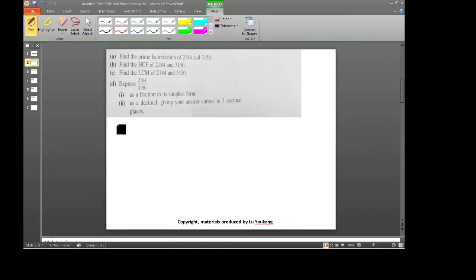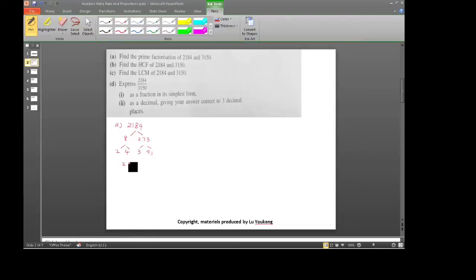So let's do it. So 2184, we can split it into 8 and 273. And the 8 we can split it further into 2 and 4, while 273 we can split it into 3 and 91.